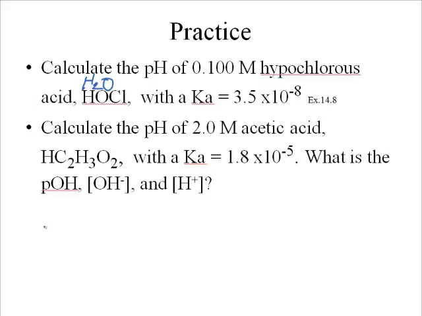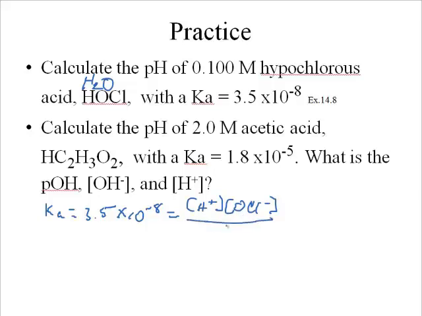So what I would normally do is I would write out the Ka. Ka equals 3.5 times 10 to the negative 8th, and that equals H plus, OCl minus over HOCl.